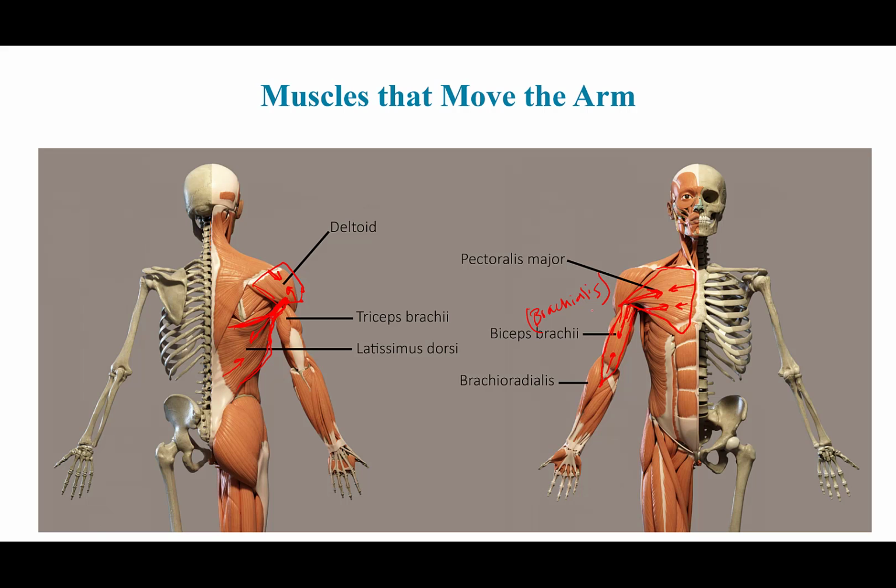The brachioradialis here also helps you flex the elbow. It starts from the humerus and it goes all the way and attaches to the distal aspect of the radius. And when it contracts, it's going to pull up, and that will help you flex the elbow.